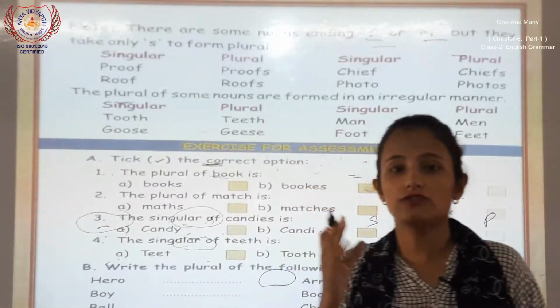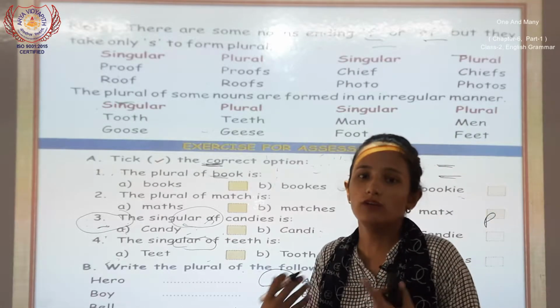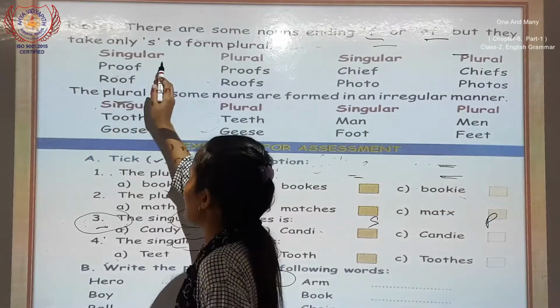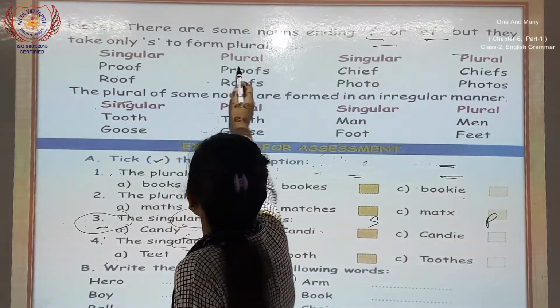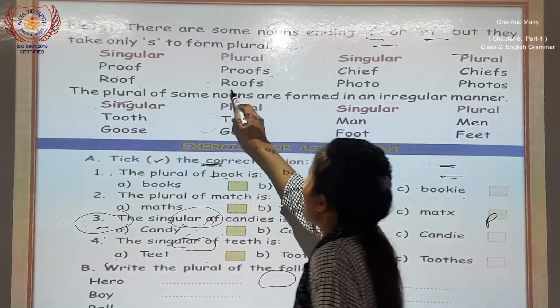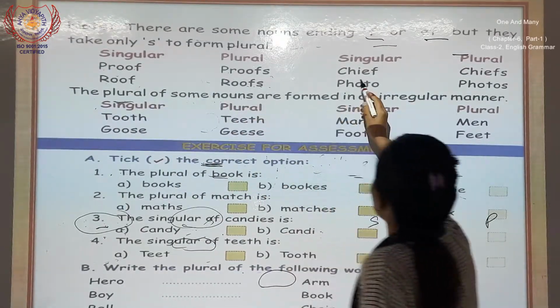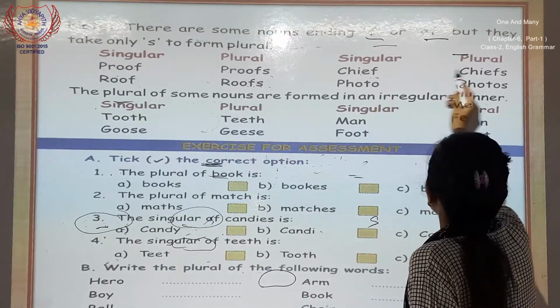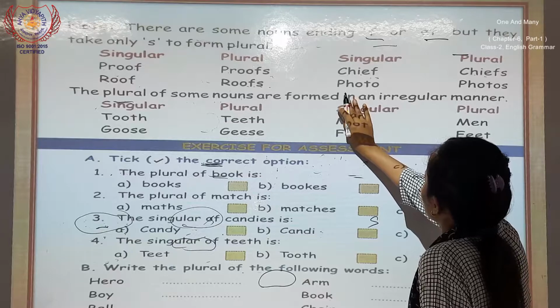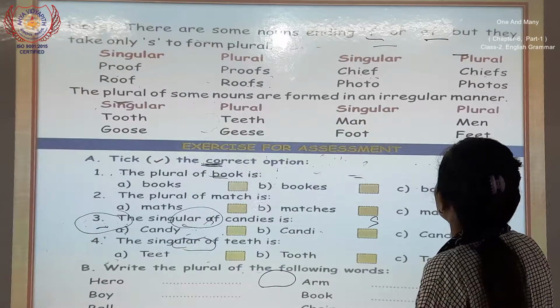We don't have to use VES, we don't have to use IES. Okay, we only have to use s. PROOF, proofs, ROOF, roofs, CHIEF, chiefs, PHOTO, photos.